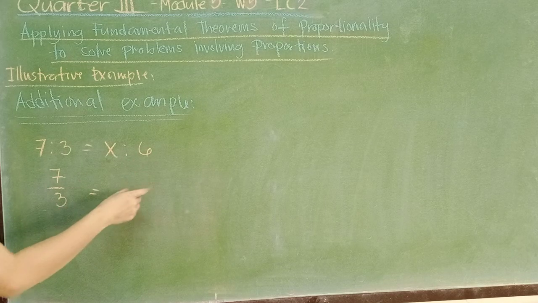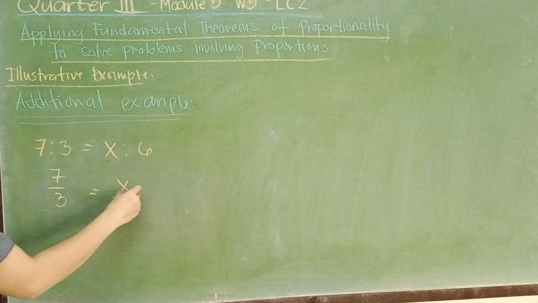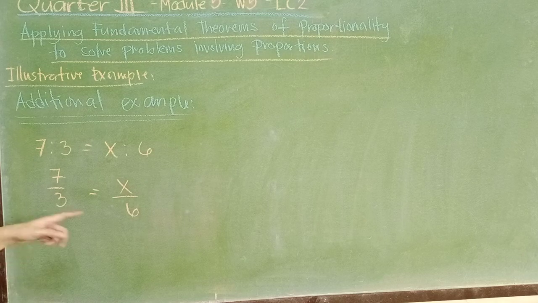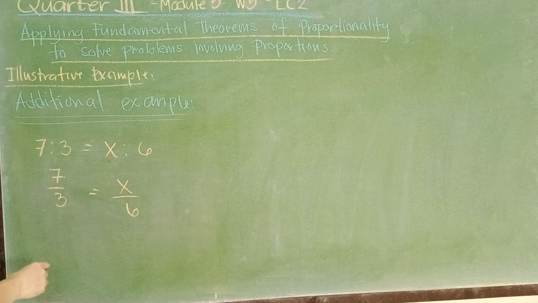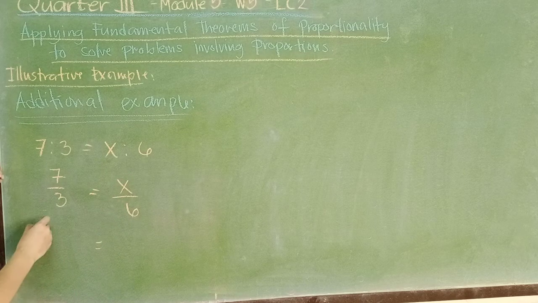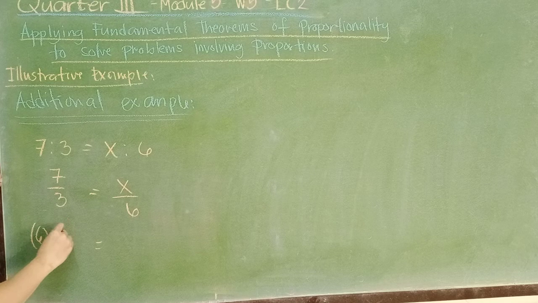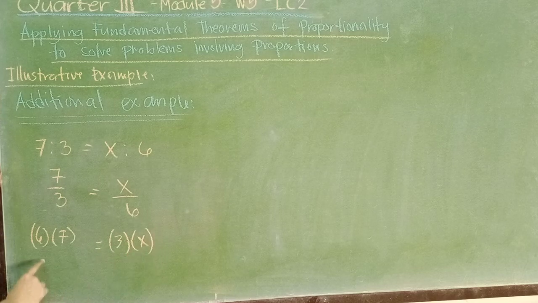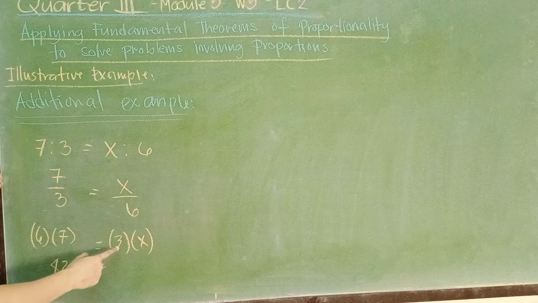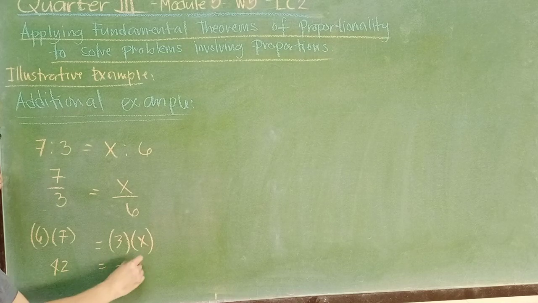X is to 6 becomes x over 6. So I will just cross multiply first. So 6 times 7 and then 3 times x. 6 times 7 is 42, and 3 times x is 3x.